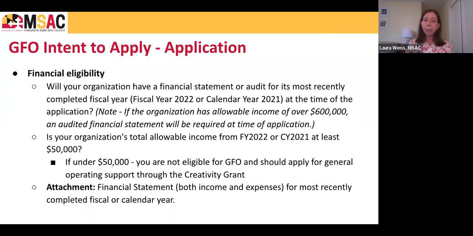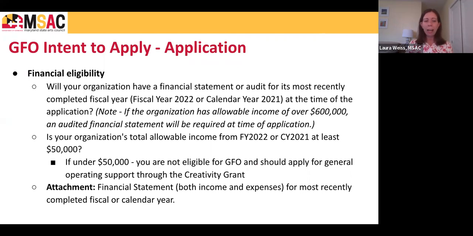If it is under $50,000, you are not eligible for this program, but you can apply for general operating support through the Creativity Grant. We're not going to get into the details of Creativity today, but you can find another recording about Creativity on our website very shortly. We just hosted that the other day, but there are options for your organization. It's just that GFO isn't quite the right fit for you.